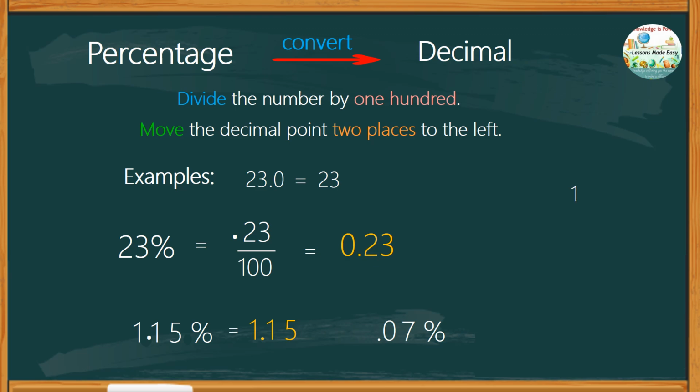Just like 1 is the same as 01. 2 is the same as 02. So 7 is the same as 07. And 7% in decimal is 0.07.